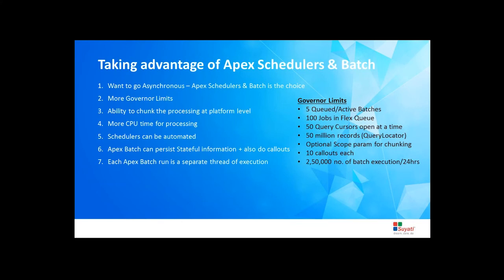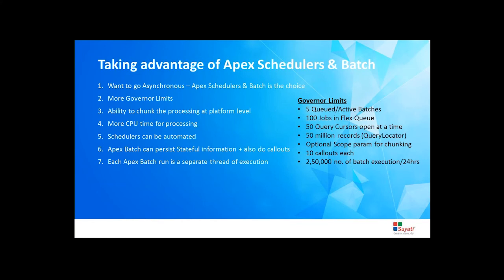If you want to schedule more batches, there is a concept called Apex Flex Queue that was introduced in Spring 15 of the Salesforce release, which allows us to queue more batches. So it's not like when you queue the 6th batch job, the whole thing starts breaking. You can queue up to 100 jobs in an Apex Flex queue.